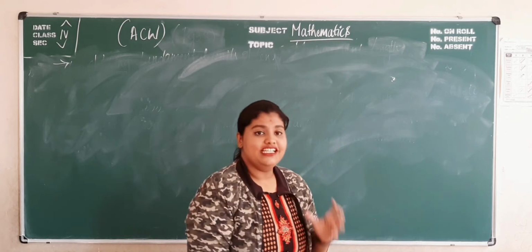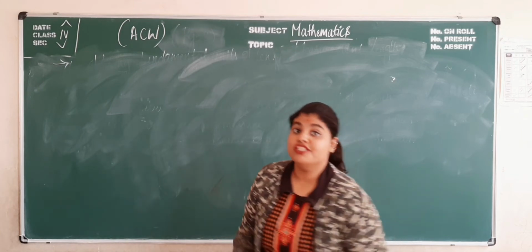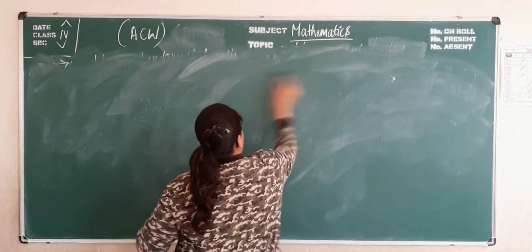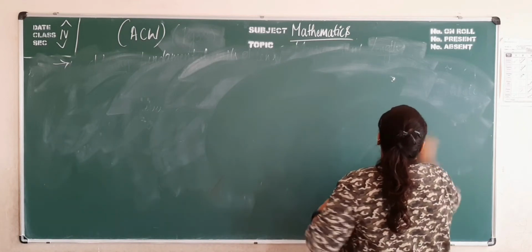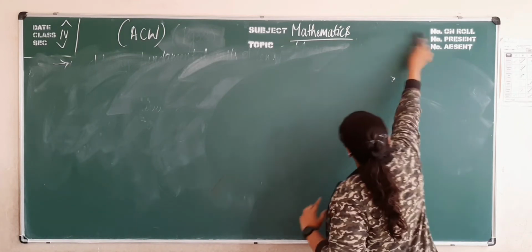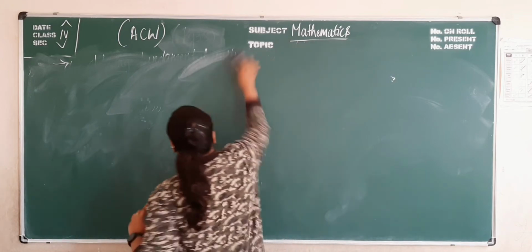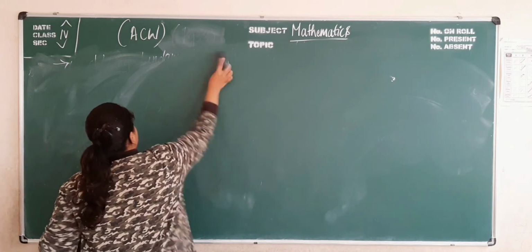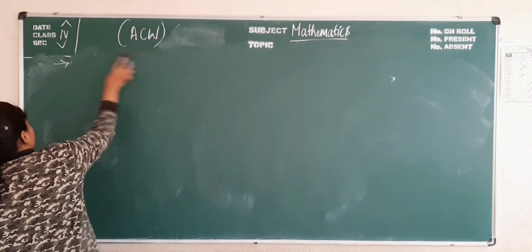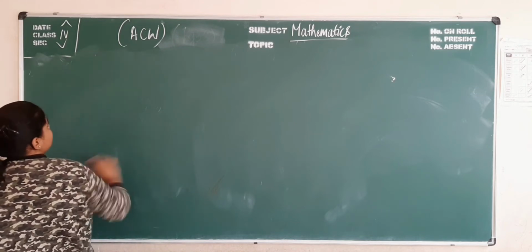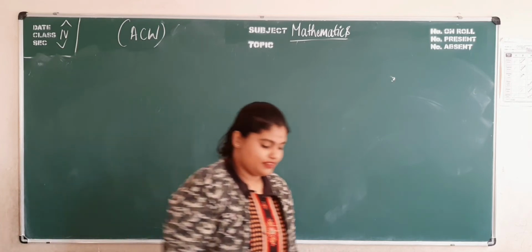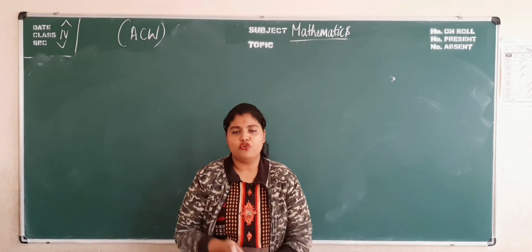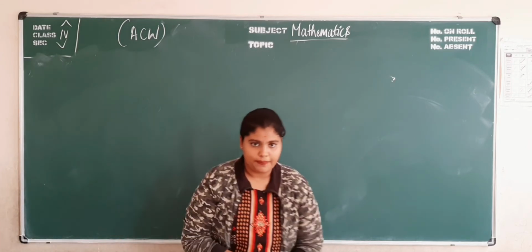In order to measure distance between two places, we use kilometer. Okay. To measure the length of duster, which unit you will use? Yes, we will be using centimeter. Okay. So this completes your chapter, that is measurement length. Okay. So next we shall move on to the next topic.